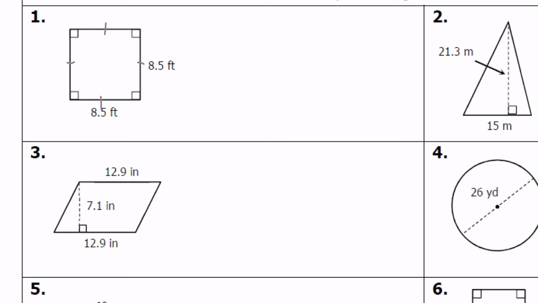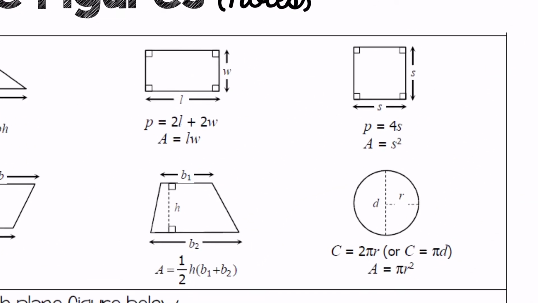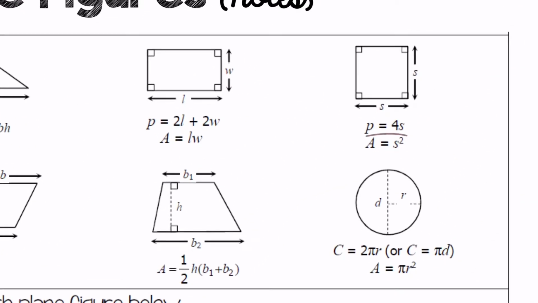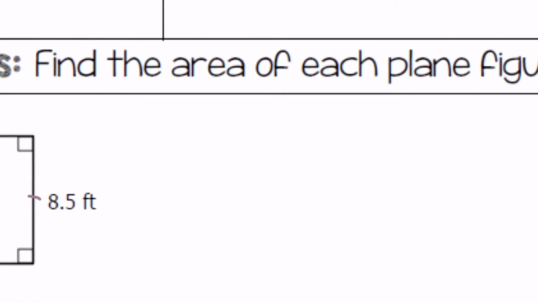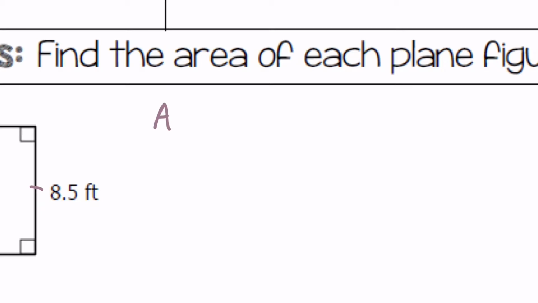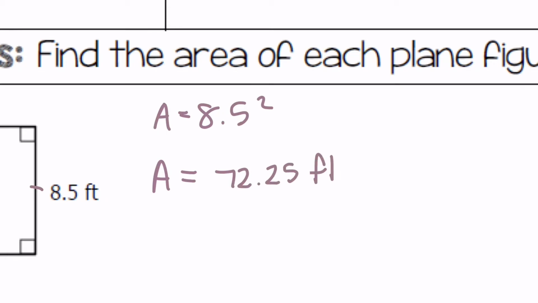And so the formula for the area of a square is S, where S is the side, squared. So the area equals 8.5 squared. Therefore, the area is 72.25.